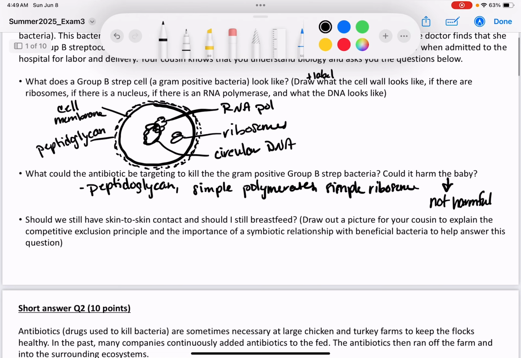Next is whether or not they should have skin-to-skin contact and still breastfeed and all the things. And so, yes, definitely start helping the baby prep the microbiome.